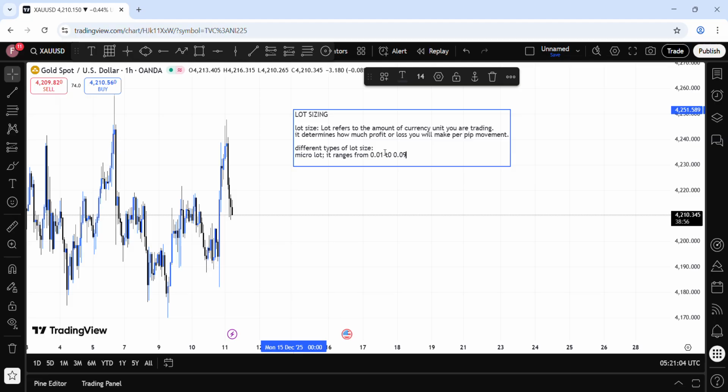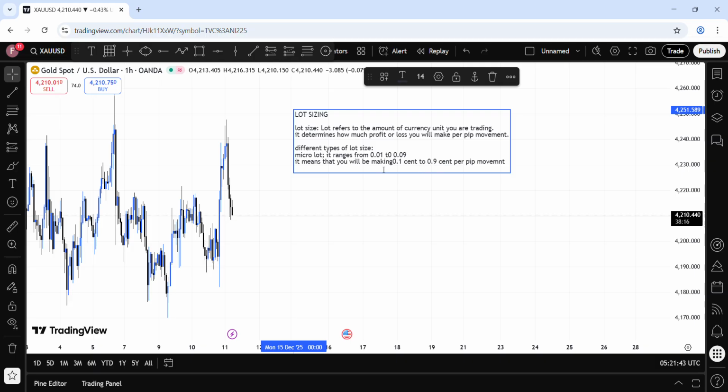It means that you will be making 0.1 cent to 0.9 cent per pip movement. Do you understand? It means that for every movement the market makes, you'll be making 0.1 cent to 0.9 cent.